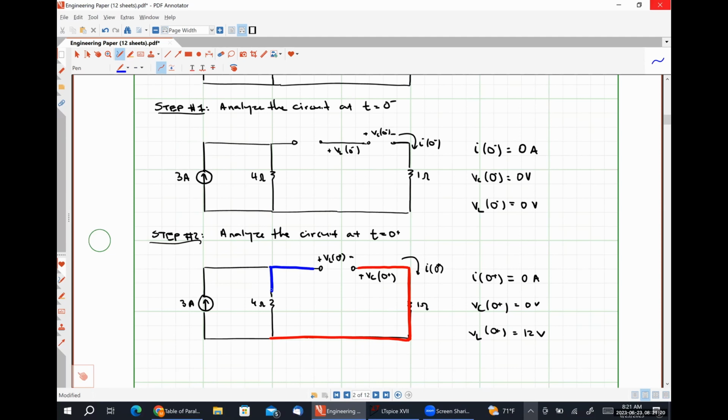Since it's in parallel with the 4 ohm resistor, it must have the same voltage drop as the 4 ohm resistor, and simple application of Ohm's law tells us that 3 amps times 4 ohms is equal to 12 volts. So our inductor voltage has shifted from 0 volts at t is equal to 0 minus to 12 volts at t is equal to 0 plus.